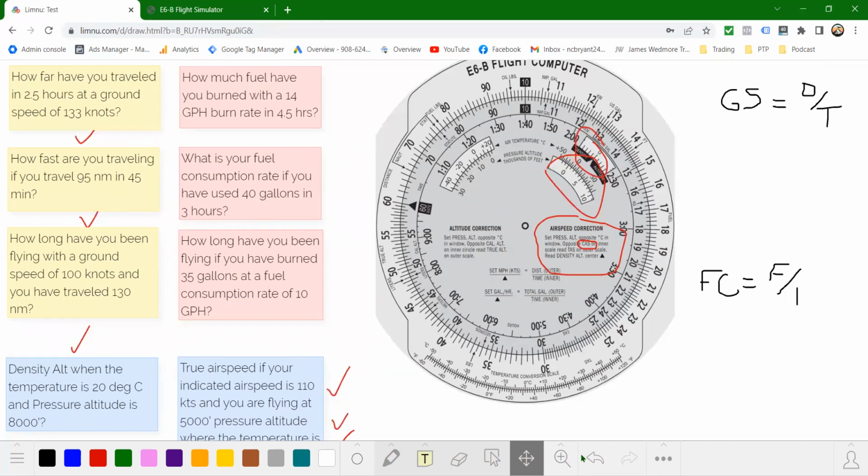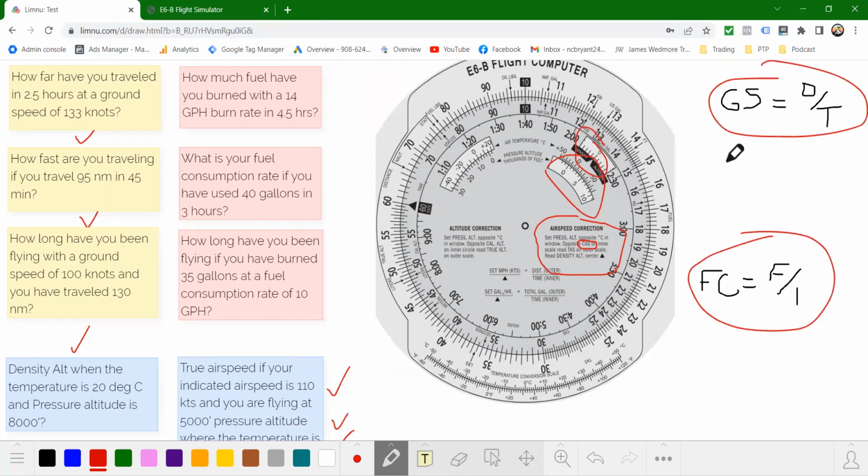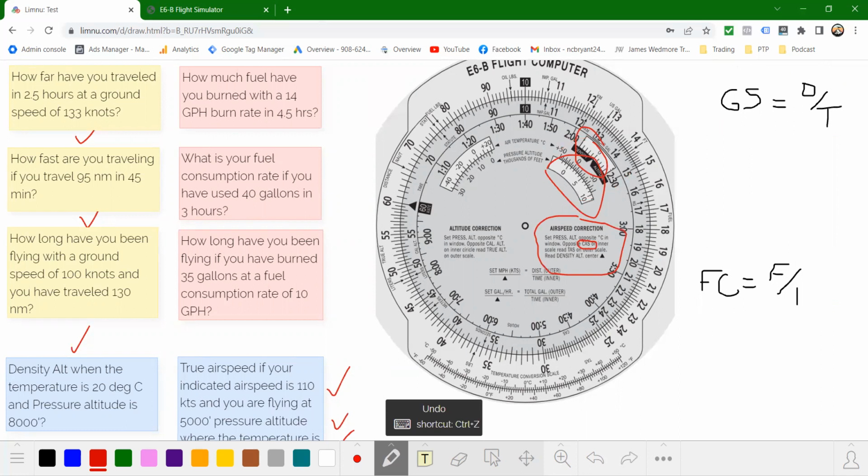It's basically just doing three different equations: our pressure altitude and density altitude conversions, with indicated and true airspeed tied into that. I don't know who thought this up, but it's a really smart tool. Again, I'm a geek for these things.